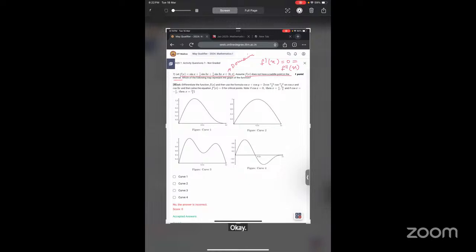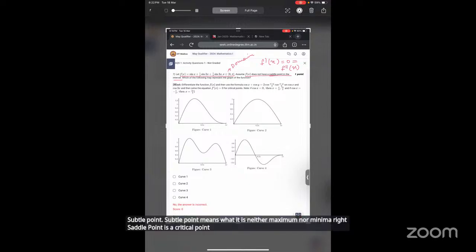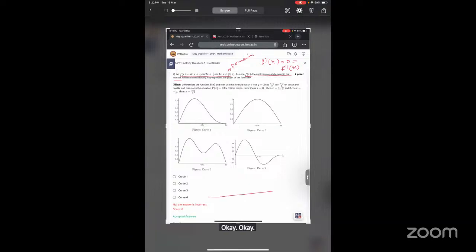Is the statement clear? Saddle point means what? It is neither maxima nor minima, right? A saddle point is a critical point such that it is neither maxima nor minima. That means if I have this type of curve, this point is again a critical point, right?